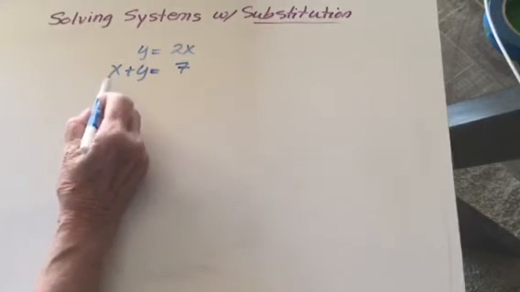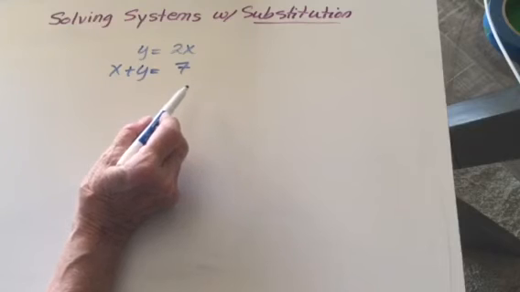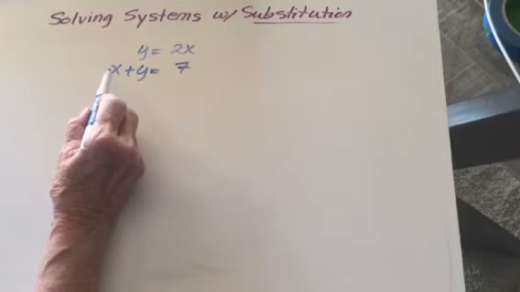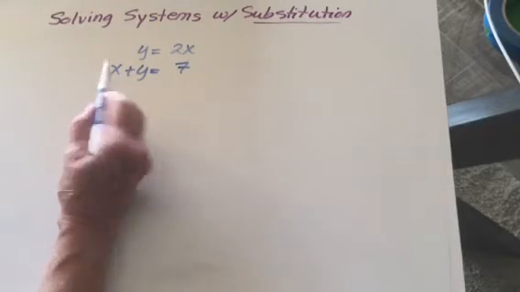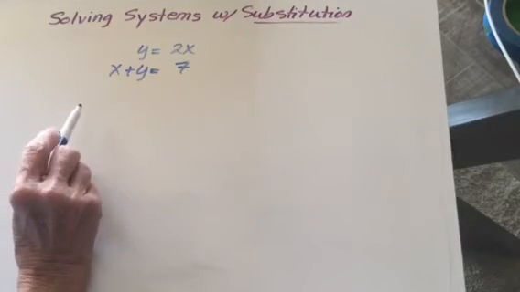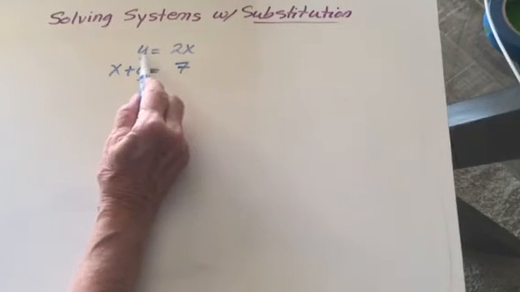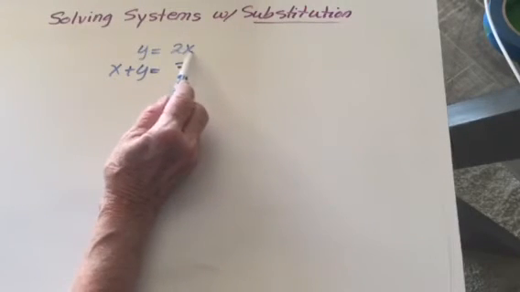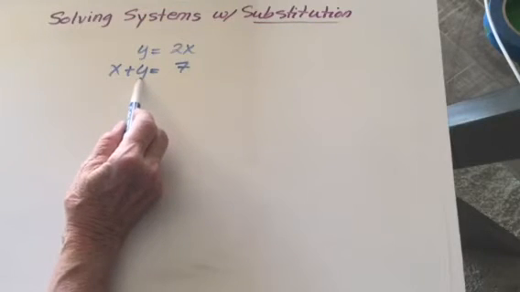Do you understand that nobody can do this problem? Do you know that no one can do x plus y is 7? Because x can be 6 plus 1, x could be 5 plus 2, y could be 3 plus 4. There's too many numbers. There's too many answers. So in order to solve this problem, I'm going to say, if y is 2x, then when I get down here, I'm not going to say y.